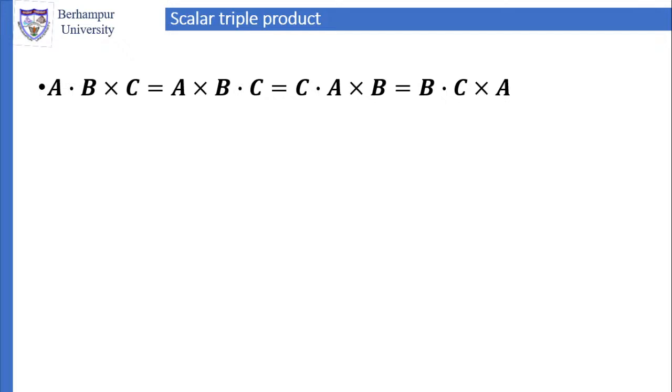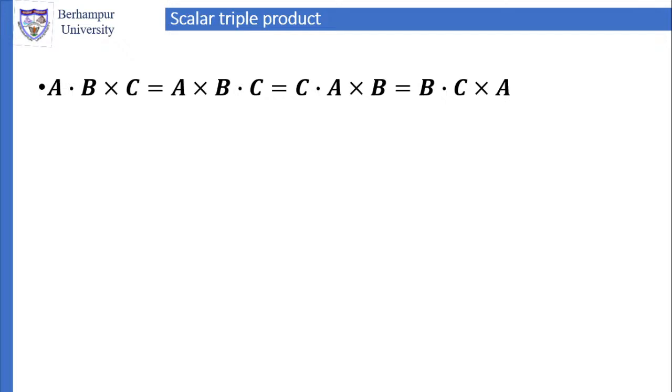Now in this, a property is that we can always interchange the dot and cross. So A dot B cross C is the same as A cross B dot C, which is also the same as C dot A cross B. As you know, A dot B is equal to B dot A, since the scalar product is commutative in nature.